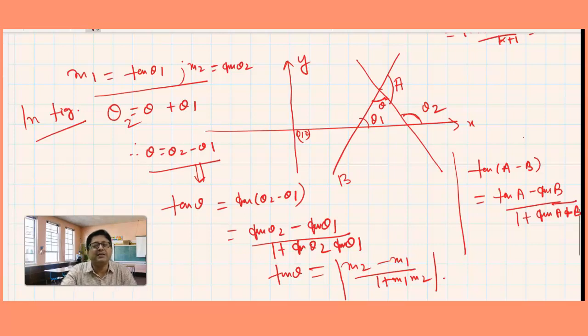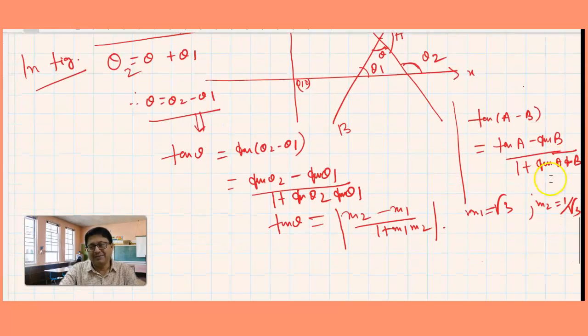A question arises: suppose a line has slope equal to root 3, and another line has slope 1 by root 3. What's the angle between them? If we take M1 equal to root 3, M2 equal to 1 by root 3, just substitute there.